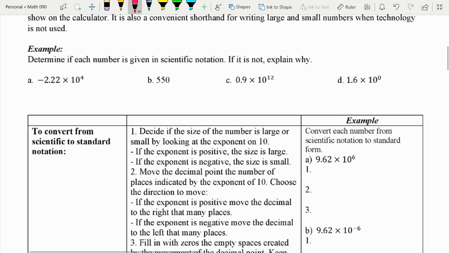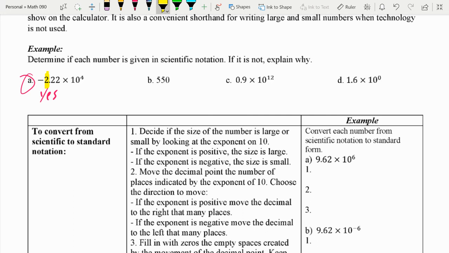So for this part, is the number written in scientific notation? Yes or no? If it's no, tell me why. We look at A. Is it written in scientific notation? Yes, because this number is between 1 and 10.